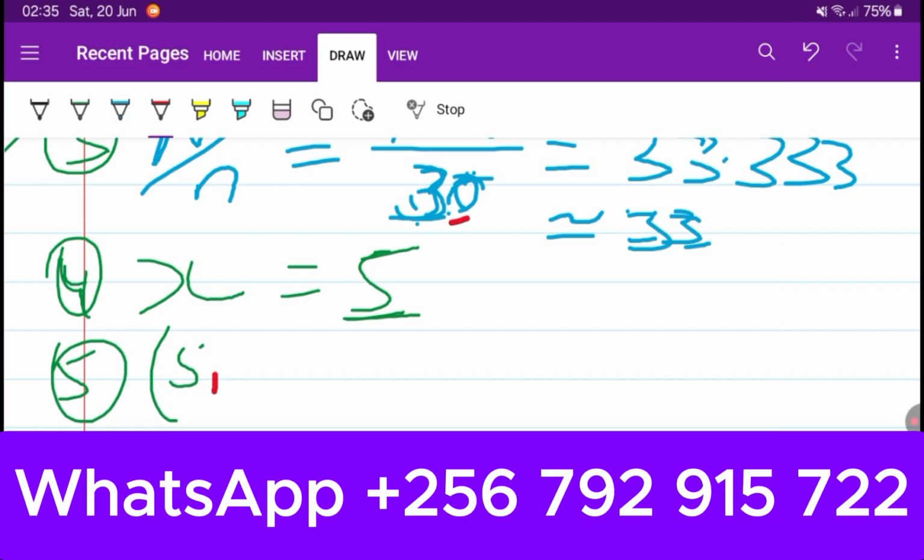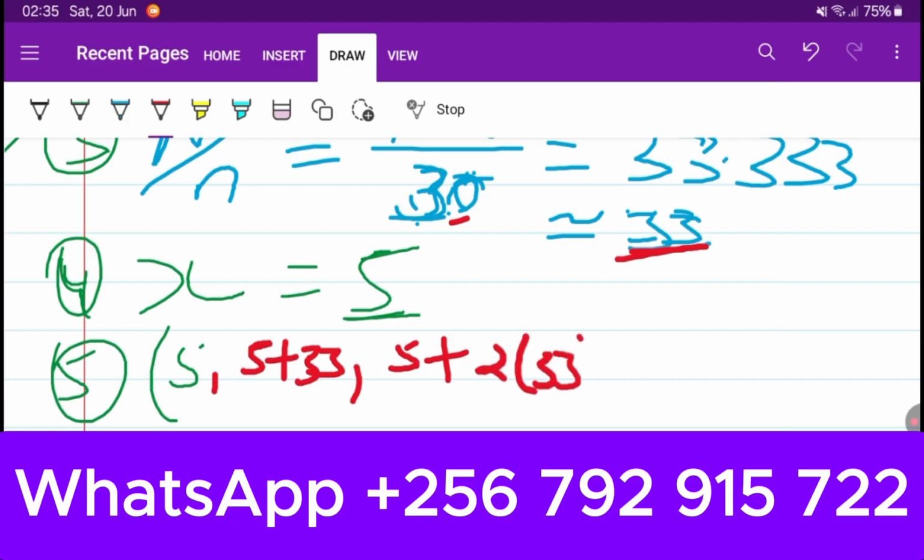It will have now 5 plus this 33, comma, it will have 5 plus 2 into 33. Then until we reach 5 plus, what is n minus 1?